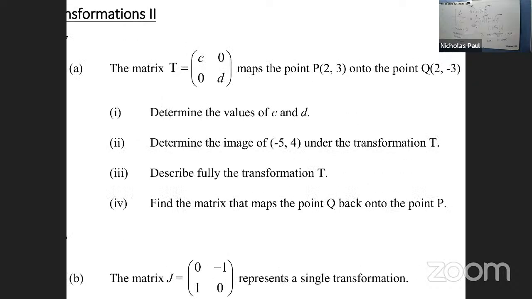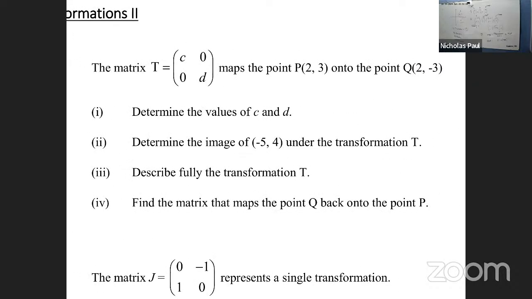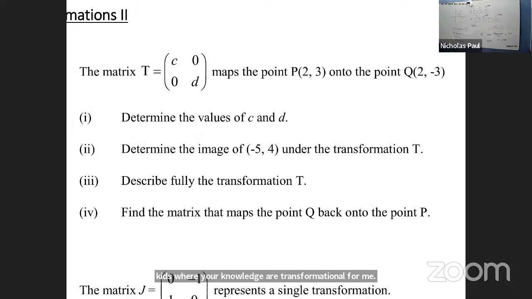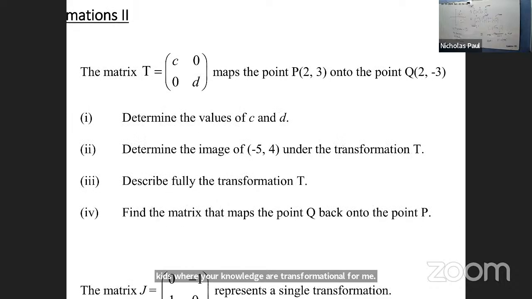Do the one on top, Jan 2017. Right, here's where your knowledge of transformation will come in. Look at P and look at Q and you figure out your answer.